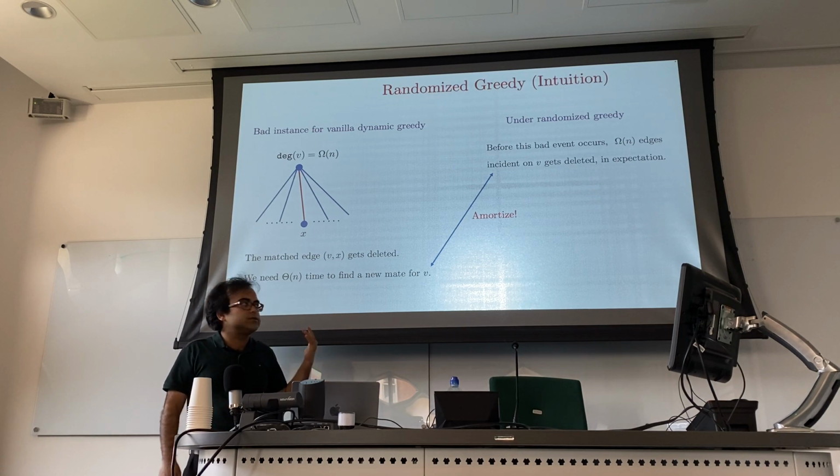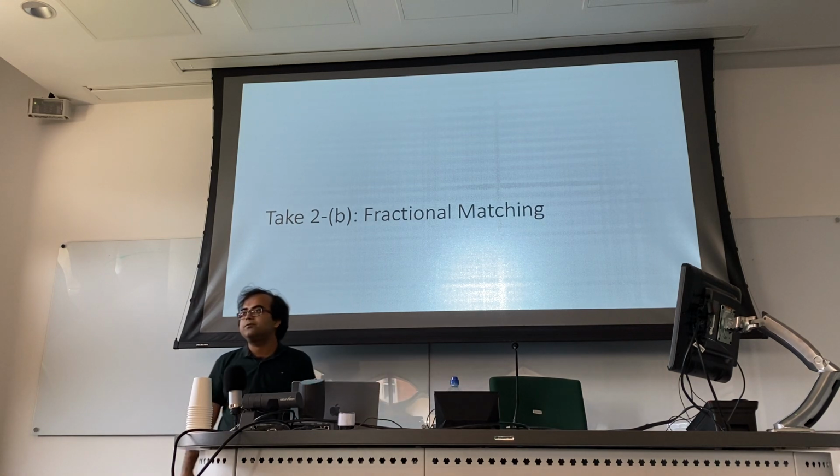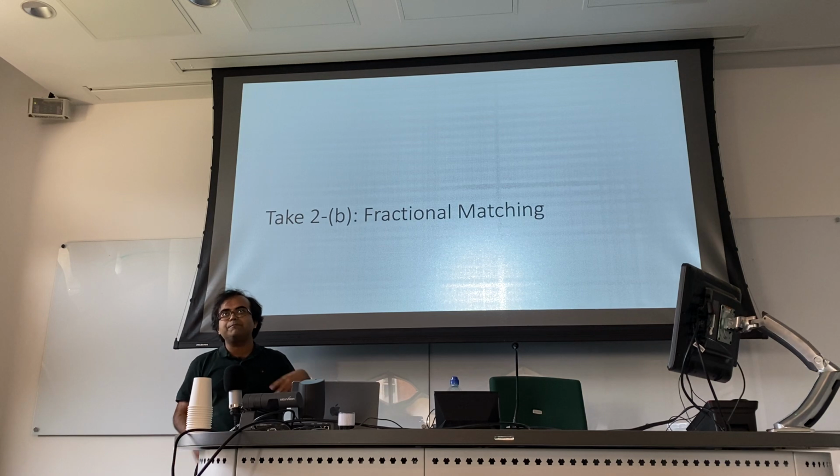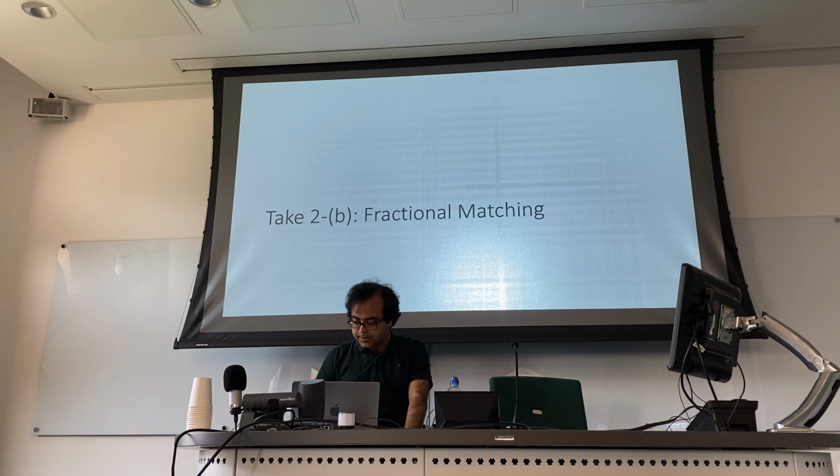That seems to be the cost we pay for de-randomization. One other way of thinking about this approach is that it's dynamic primal dual algorithms. So in the static setting, primal dual method is a very widely used tool to design algorithms. We are dynamizing the primal dual method. That's the one line summary. And now I'll skip this part due to lack of time.